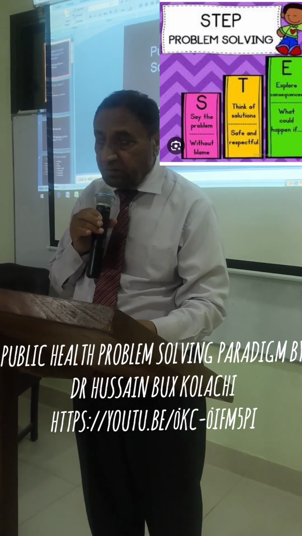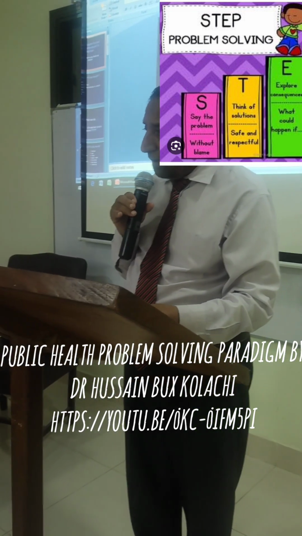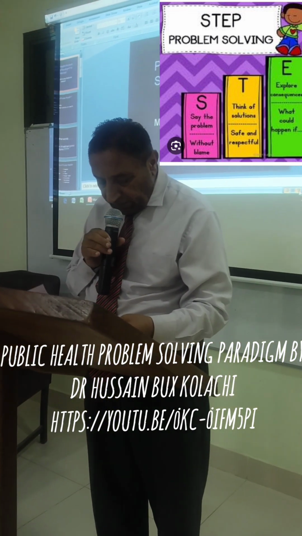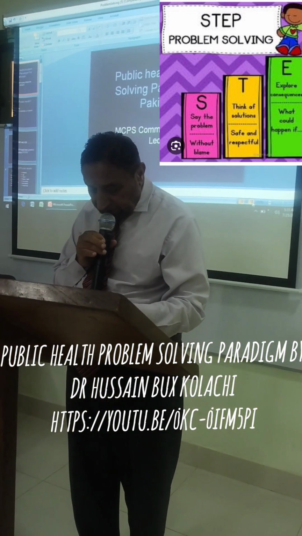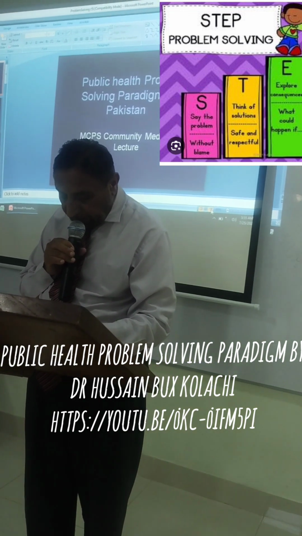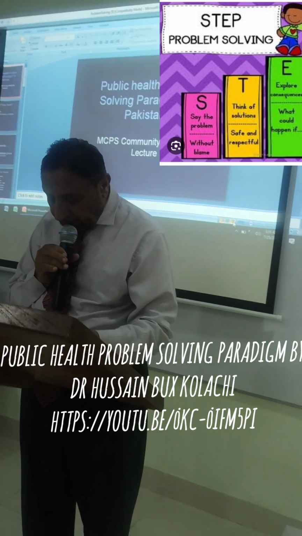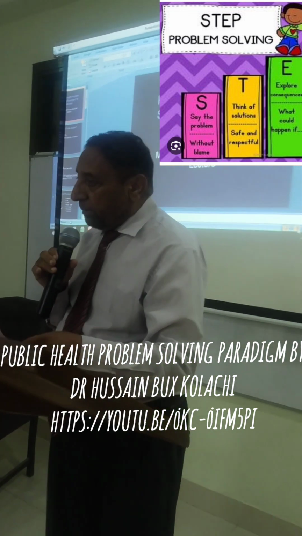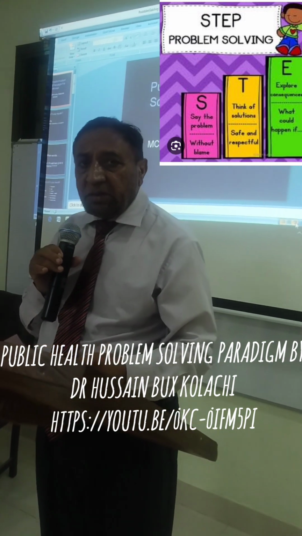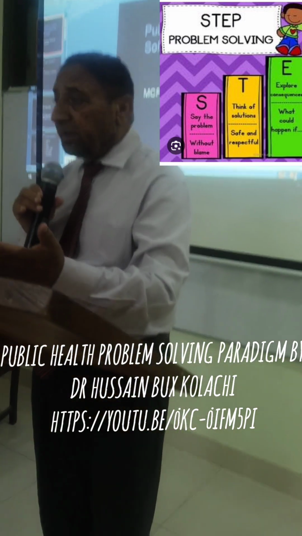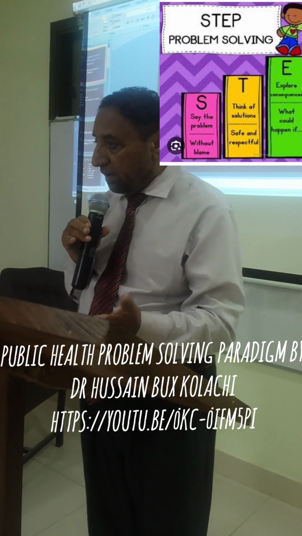Which should be second? Which should be third? If you do not prioritize, then you will not be able to solve it. Then the sixth and last is implementing the strategy and evaluating the program or intervention. Evaluating means whether it has solved the problem or not.